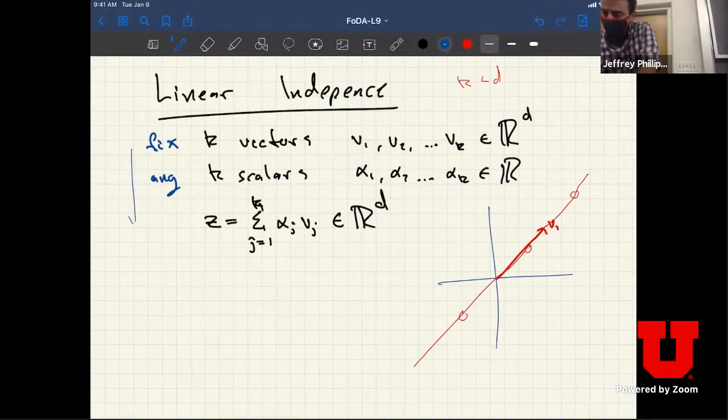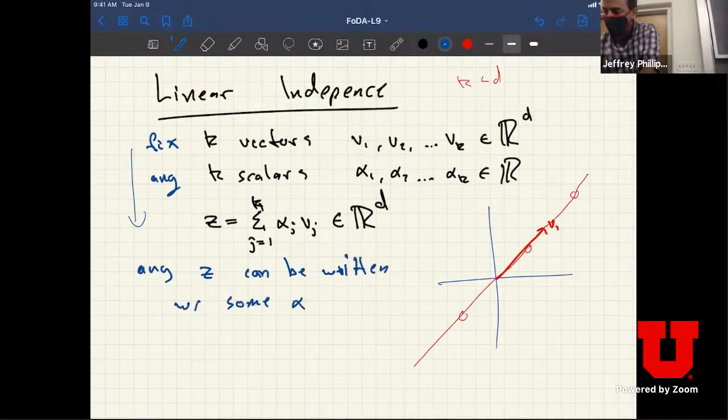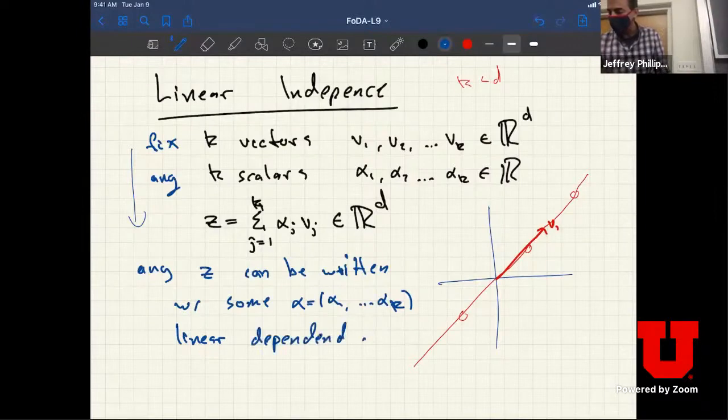Okay, so in this case, if I fix the K vectors V and I look at any scalars, then any Z that can be written with some alpha 1 up to alpha K with some set of these scalar values, any Z that can be written with some of these is called linearly dependent on the set V1 up to Vk.